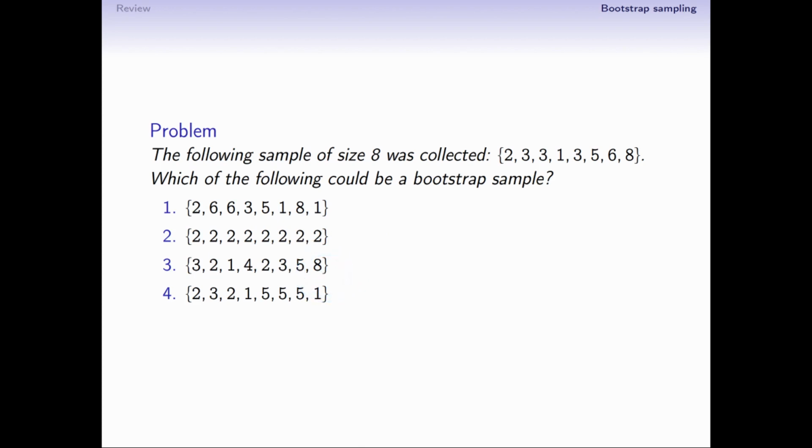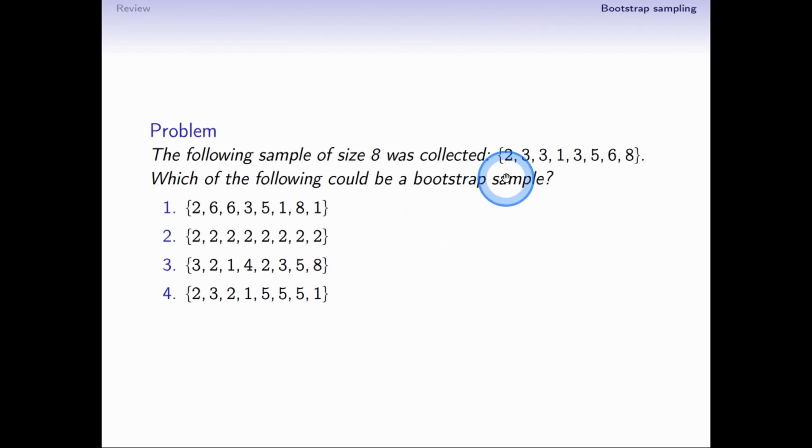Well, let's check. It's got 8 elements, so that part is correct. And does it consist only of elements from 1, 2, 3, 5, 6, and 8? In fact, it does, right? It consists of all 2s. Now, I put this example in there to remind you that that is a possible bootstrap sample.